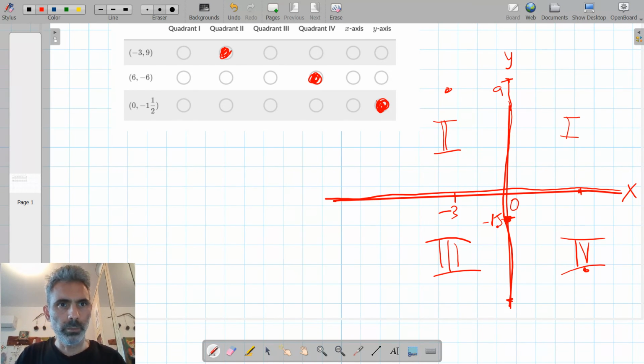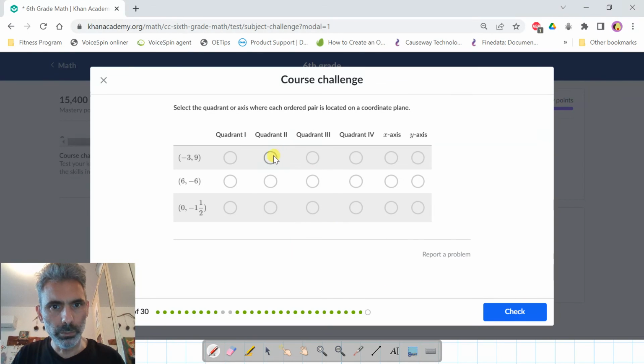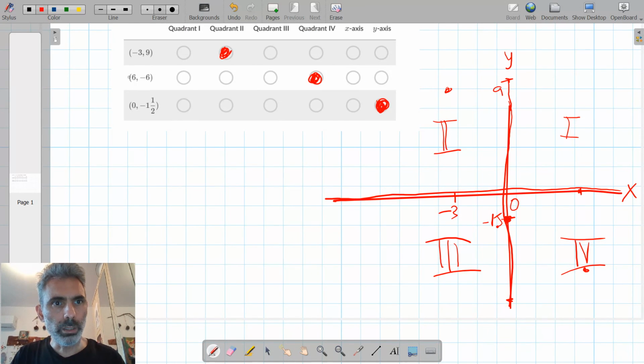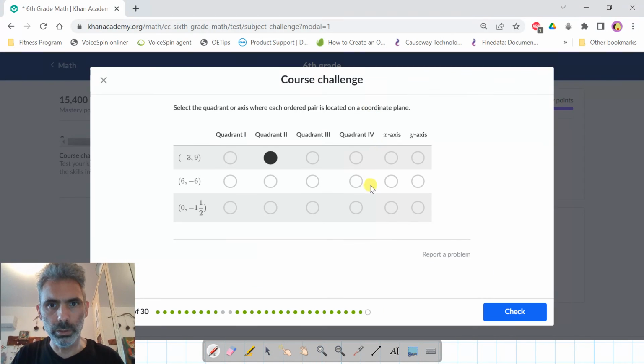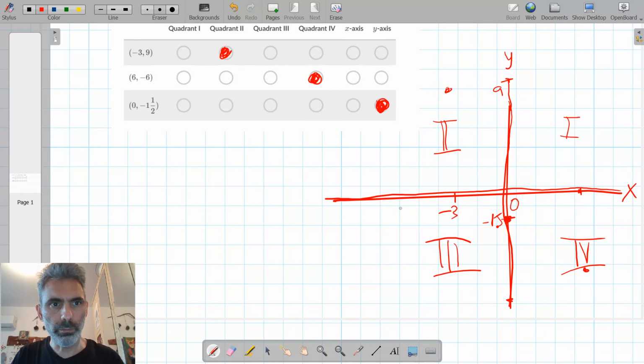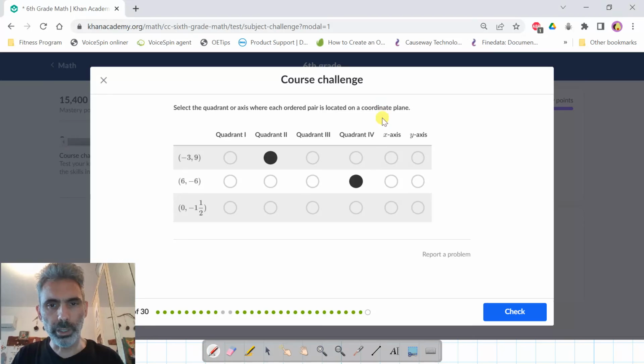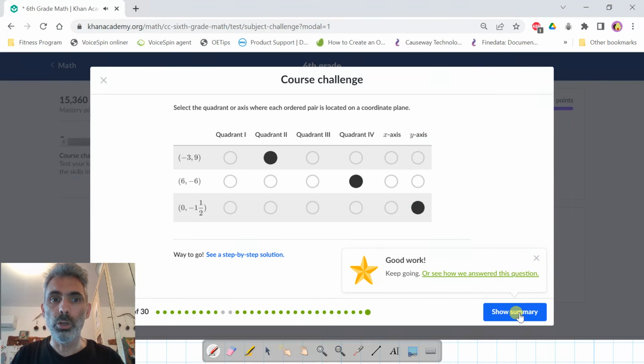So minus 3 and 9 is quadrant 2. 6 and minus 6 is quadrant 4. And 0 and minus 1.5 is on the y-axis. Good.